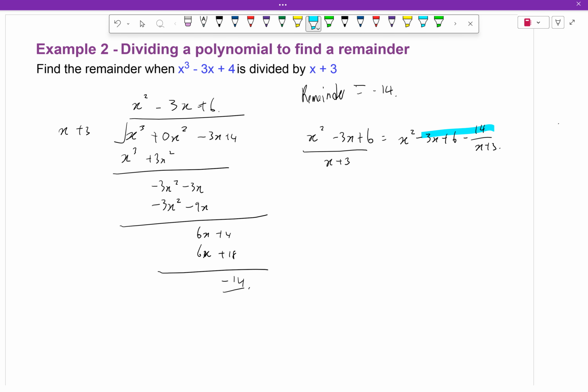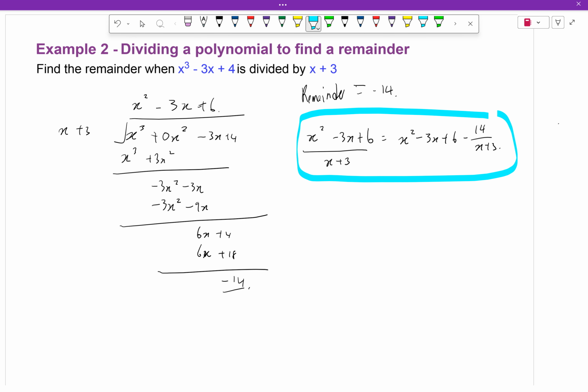Keep in mind, this form will be useful in integration or differentiation. Okay, but in terms of solving, this would be more useful. So there are two forms you have to understand. One is for solving, one is for calculus.